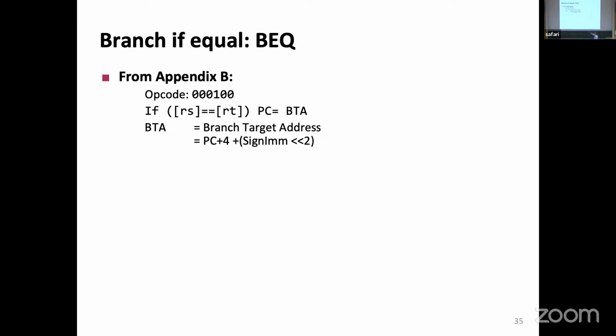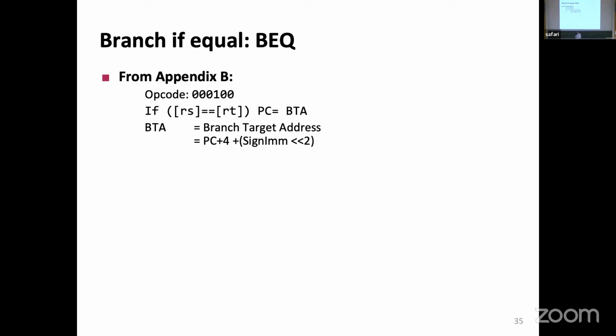So this was also what we discussed. When you go to the appendix, there's an instruction that has this opcode, and it does the following. It checks if the two registers are equal. If they are equal, then the program counter should be manipulated. How?